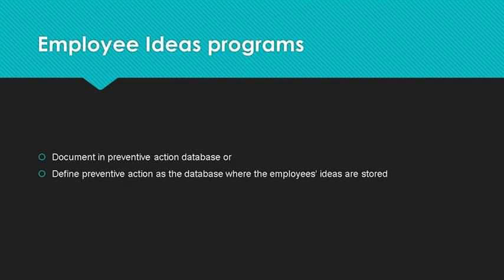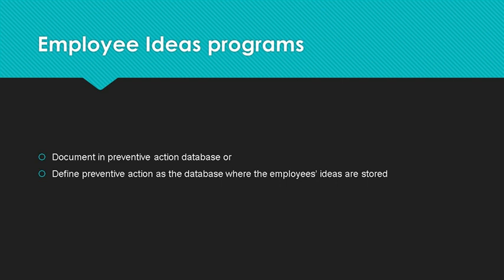Several ISO 13485 companies I have audited have an employee program to solicit ideas for improvement and to prevent nonconformances. The information is usually collected under an entirely different database or spreadsheet than the preventive action database.